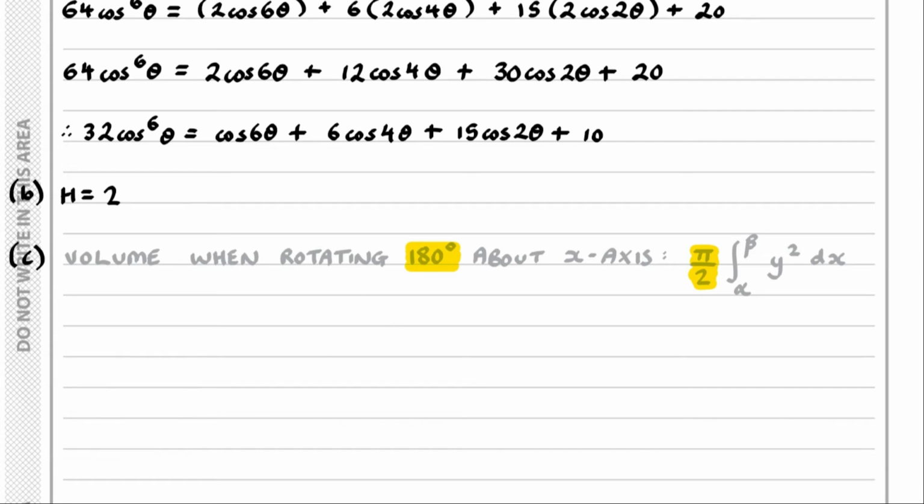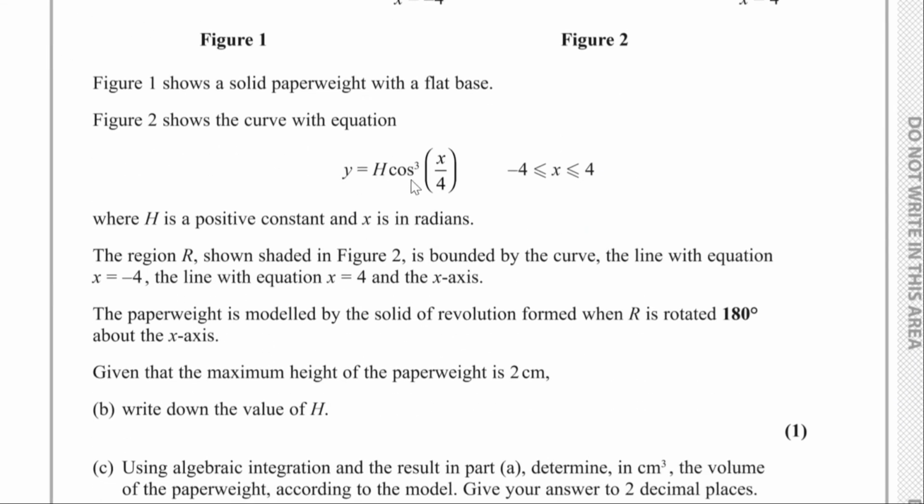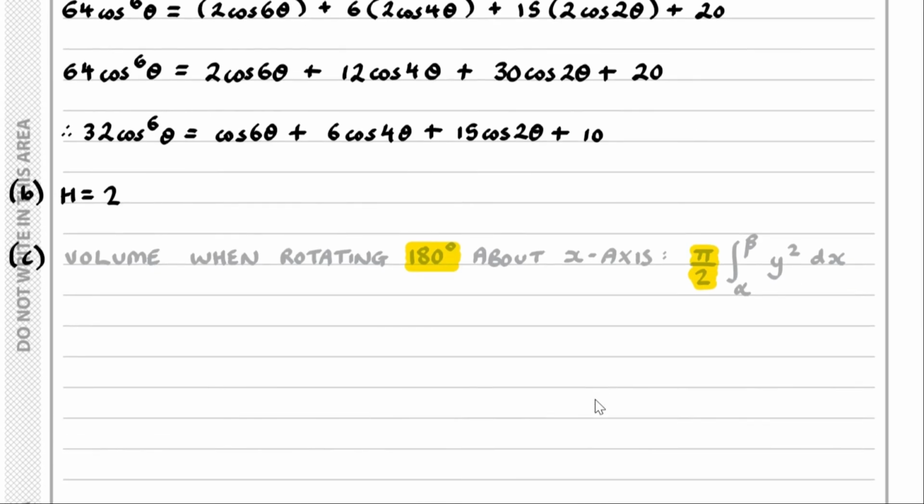And so if we know that y is equal to h times cos cubed of x over 4, that means to find the required volume, that's equal to pi over 2 times the integral from minus 4 to 4 of y squared, which is h squared, times cos of x over 4 to the power of 6.